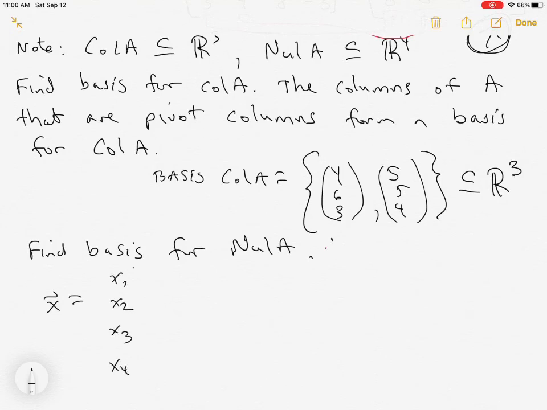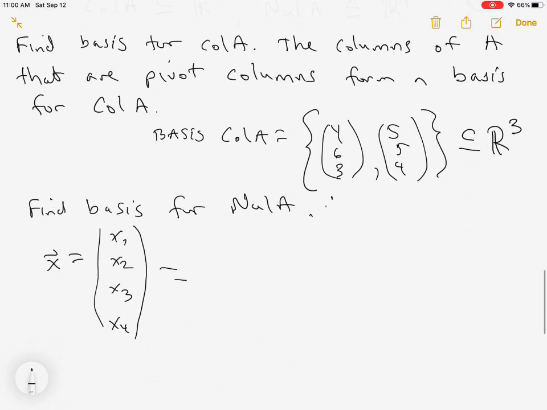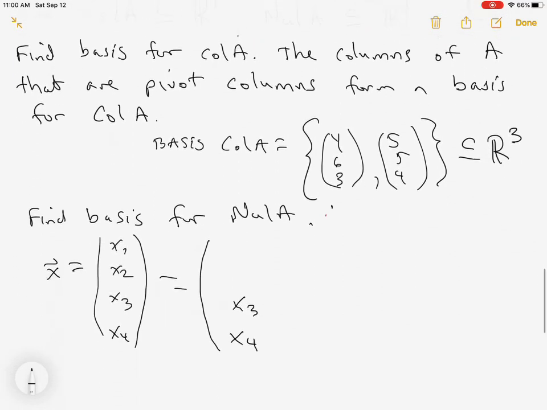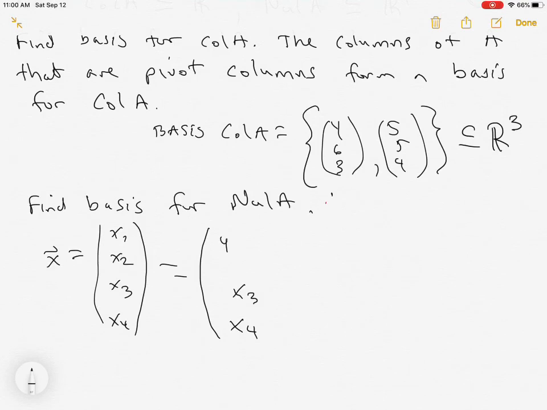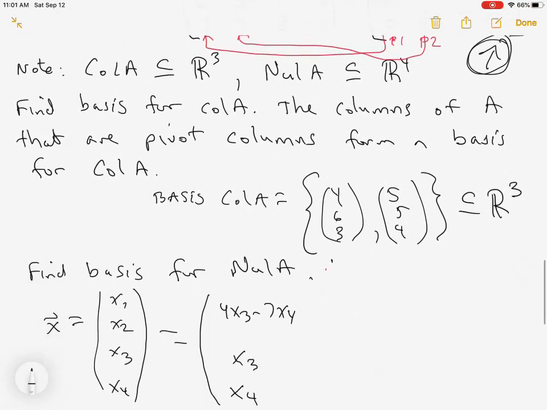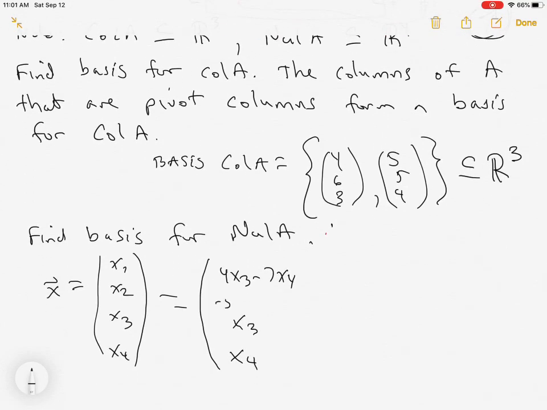So I do this every time. Some of you are sort of skipping around here. I write x, it's a 4x1 vector. I always rewrite the free variables first because that tells me they're done. You've sorted those, they're free. And then you look at the top for the dependencies. So row 1 gives you x1 equals 4x3 minus 7x4. And row 2 gives you x2 equals minus 5x3 plus 6x4.